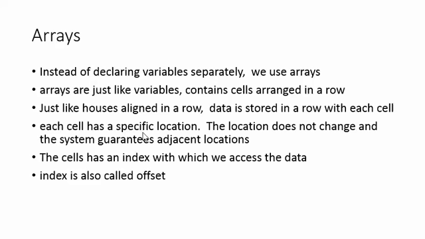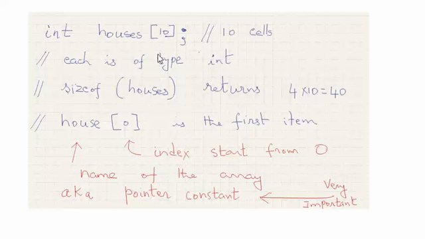So the main thing that you take away from this lecture is that arrays are guaranteed to have adjacent locations. That is something you have to remember.